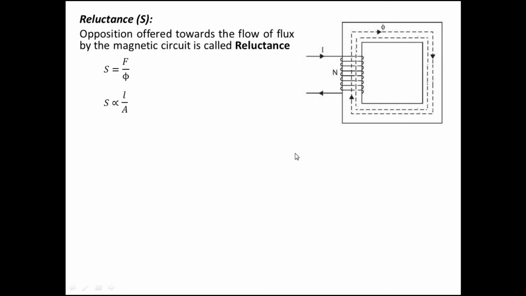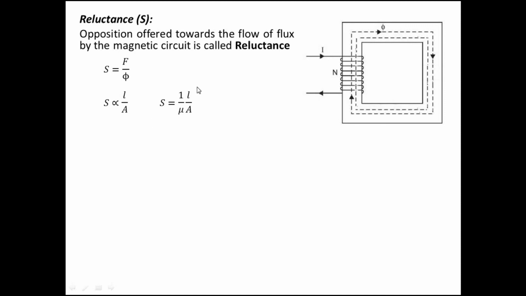If the cross sectional area is increased, it will be easy to flow, so the reluctance will decrease. So S is directly proportional to L by A. In case of resistance, R is equal to rho L by A.